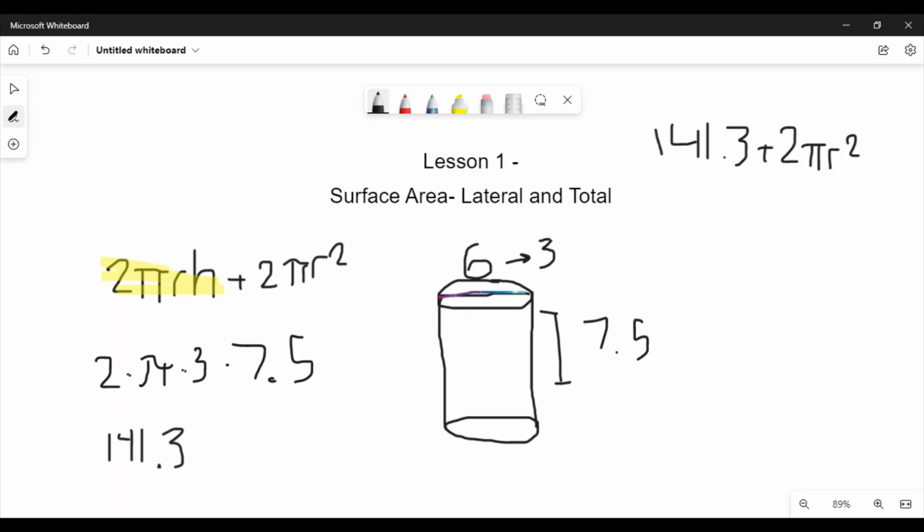So it's 2 times 3.14 times r, which is 3, squared. Oh, okay, that's a bad 2. Okay, there, squared. So in my calculator, I got 2 times 3.14 times 3 squared, and that should be 56.52.